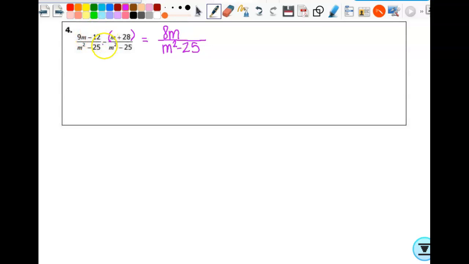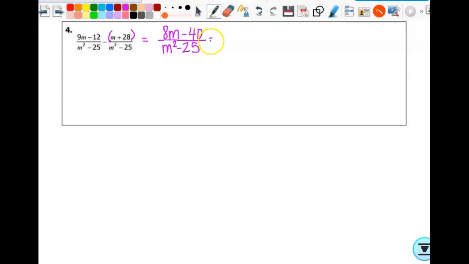Negative 12 minus 28 is negative 40. Negative 12 minus 28. Okay, you took 12 away, you take another 28 away.